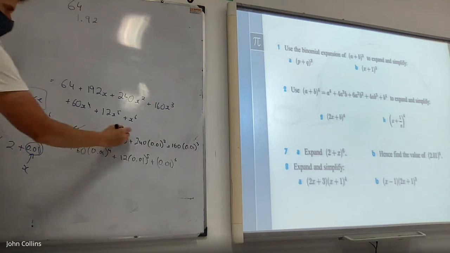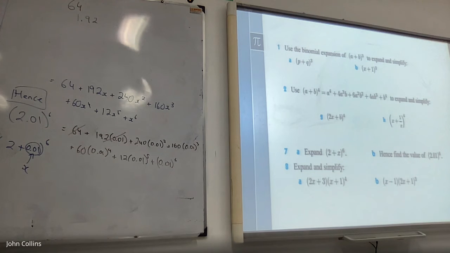I've done that one. 0.01 squared. 0.01 times itself. Oh, this pen, I need to refresh my pens. 0.01 times itself. It's going to end in 1 anyway.